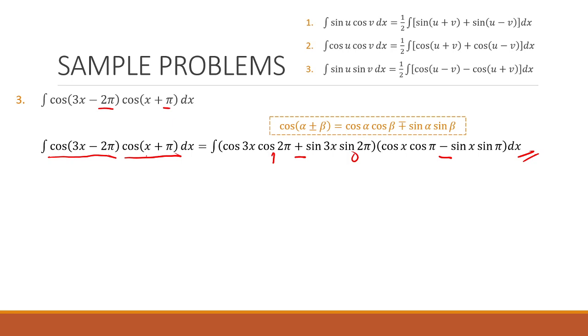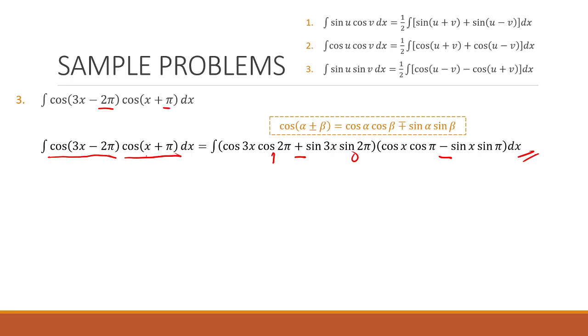And then cosine pi. Pi is another quadrantal angle. Measuring standard position angles, the initial side is on the positive x-axis, then we move counterclockwise.